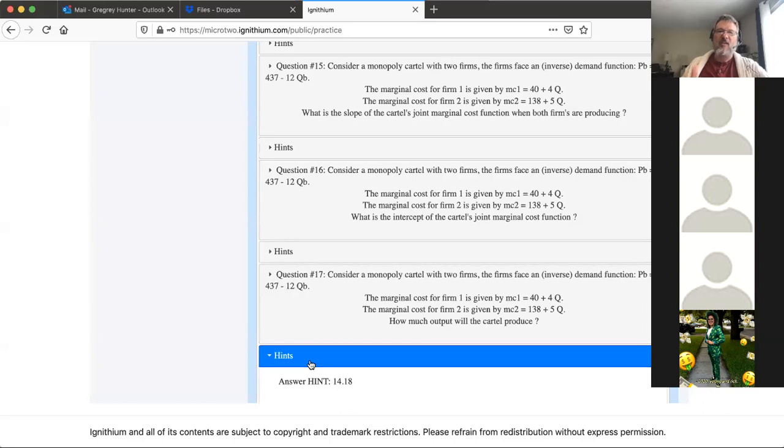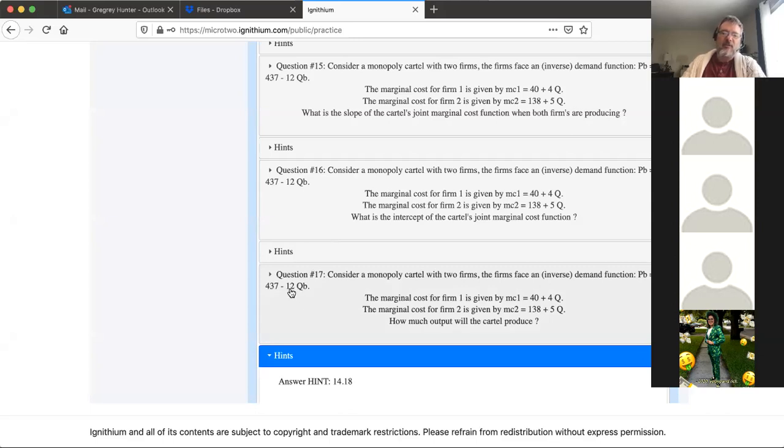Okay. The thing I was describing at the very end of the whiteboard lecture was that in order to figure out how much the monopolist is going to produce, you've got to calculate the quantity at the intersection for the joint and the low cost firm, and then see which one is higher. So you have to solve two simultaneous equations. They're pretty easy. Marginal revenue is just going to be doubling the slope there.